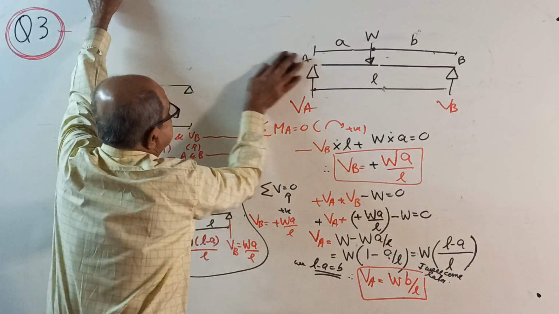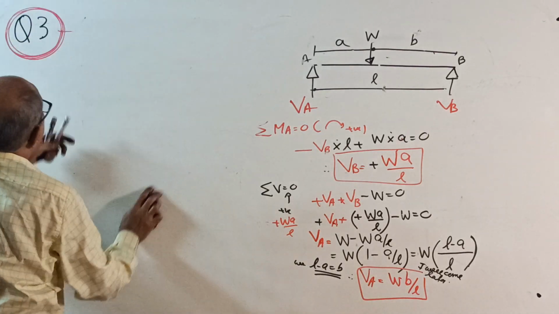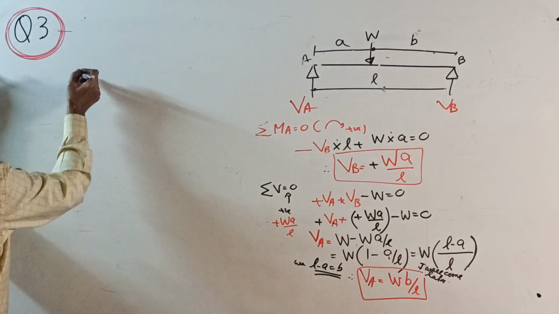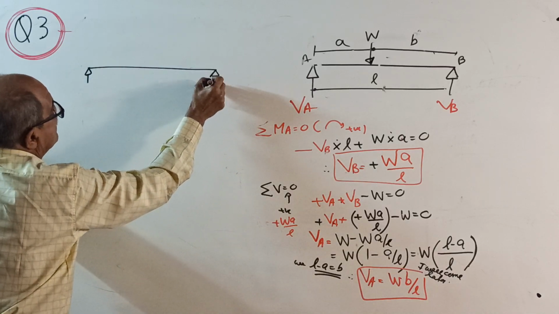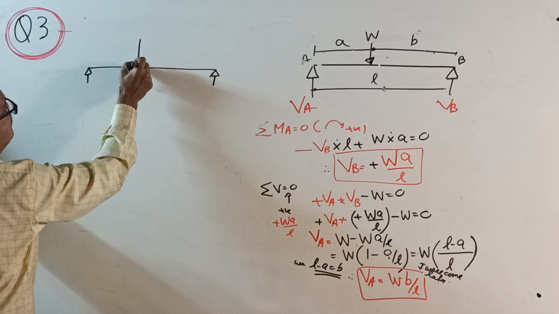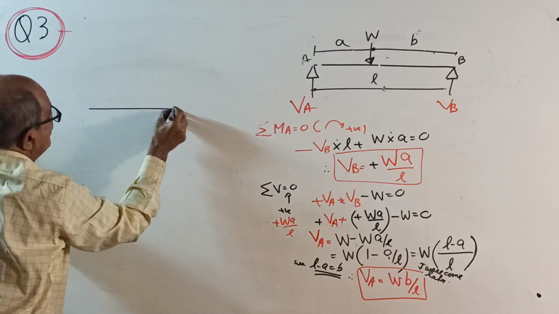Therefore, for the beam simply supported at both ends, if you apply a load W, it will act downward only.